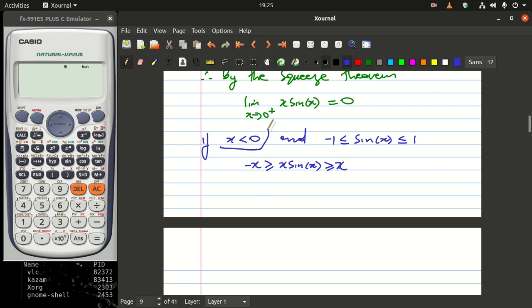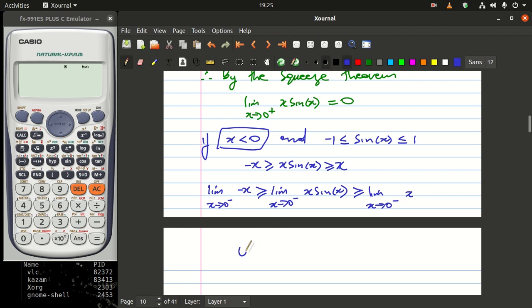Take note that I am using this, which means we're on the left. So if I take the limit as x approaches 0 on the left of minus x, this must be greater than or equal to the limit as x approaches 0 on the left of x times sine of x, and this must be greater than or equal to the limit as x approaches 0 on the left of x.